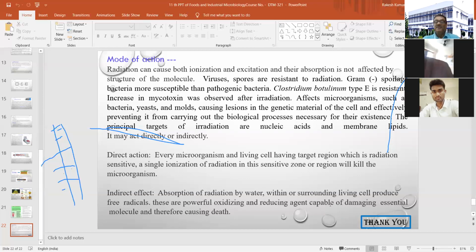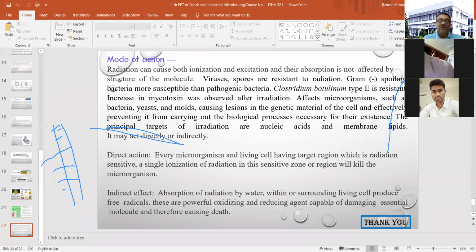Viruses and spores are resistant to radiation, and gram-negative bacteria present in the system as contaminants are more susceptible than pathogenic bacteria. Clostridium botulinum type E is resistant. An increase in mycotoxins was observed after irradiation.